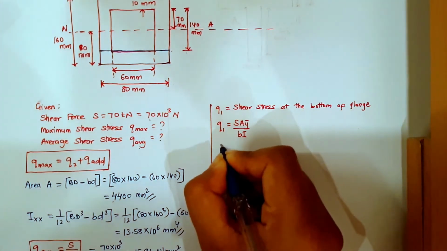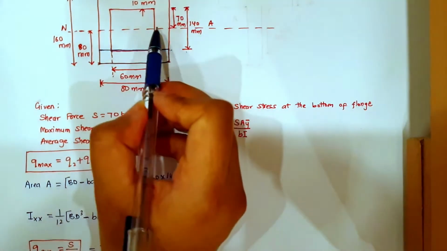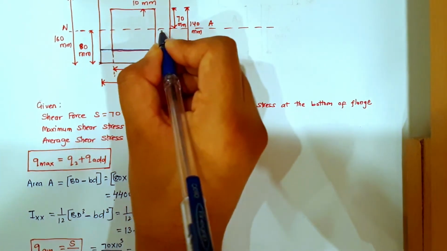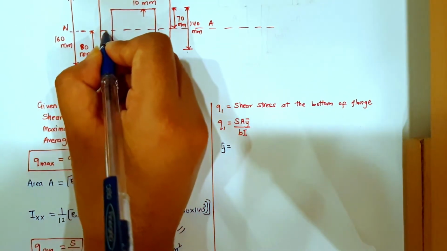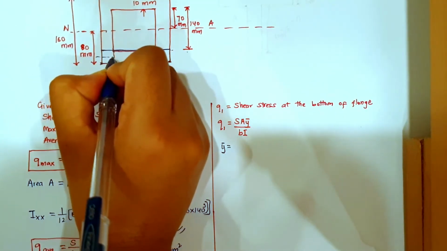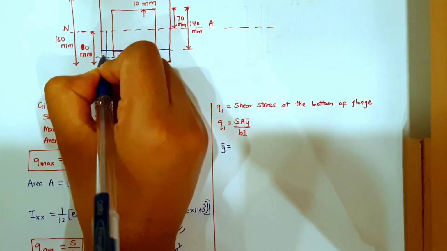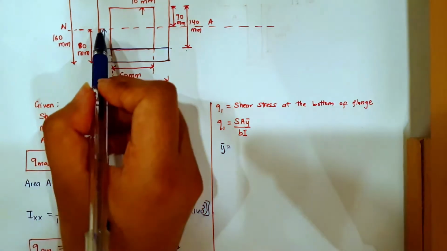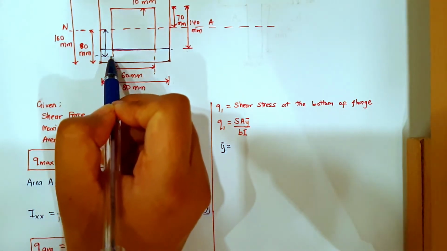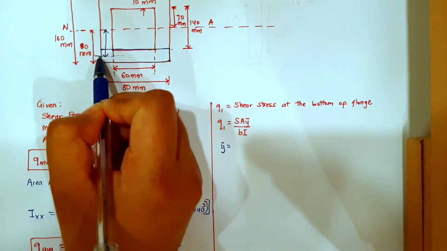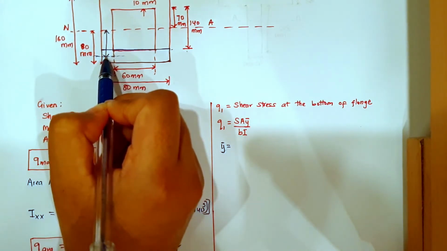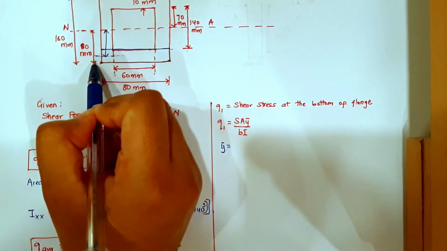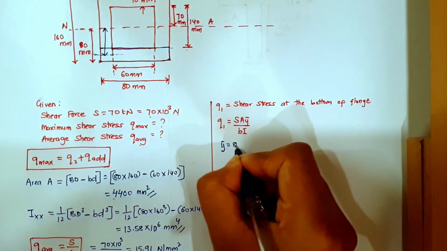So y bar will be equal to the depth you have to take from the neutral axis, from here till here. You need to take the depth from here to here. So how much will this depth be? Here is the neutral axis and this is the midpoint of this flange section. So what will the depth be? Total from here to here is 80, so I can take 80.